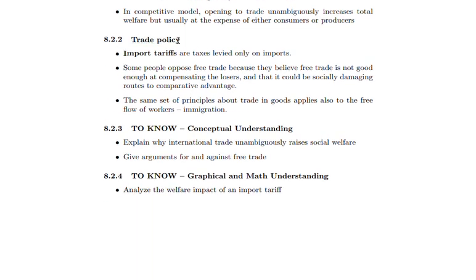So we need to impose some policies. Import tariffs are taxes levied only on imports. Some people oppose free trade because they believe free trade is not good enough at compensating the losers.